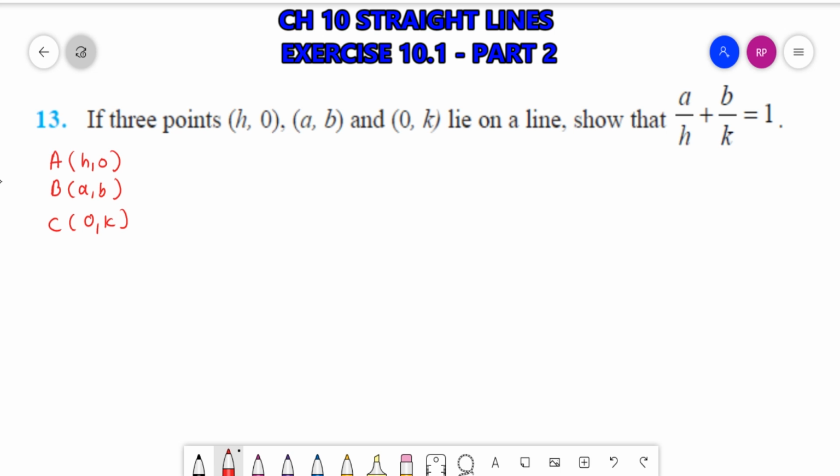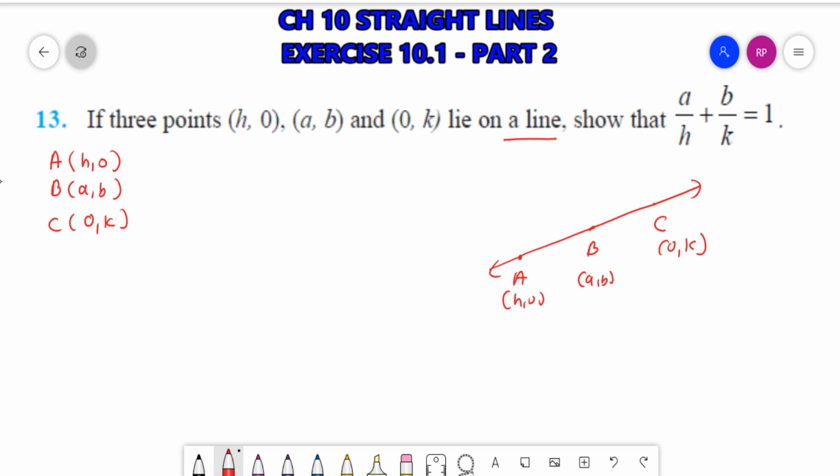Okay, so I can just draw a random line and name these points A (h, 0), B (a, b) and C (0, k). Because it is given all these 3 points lie on the same line.